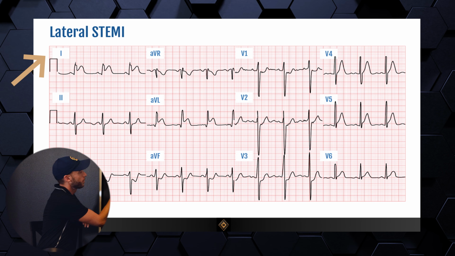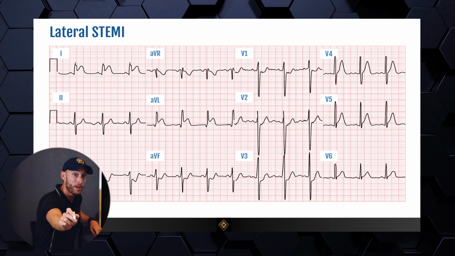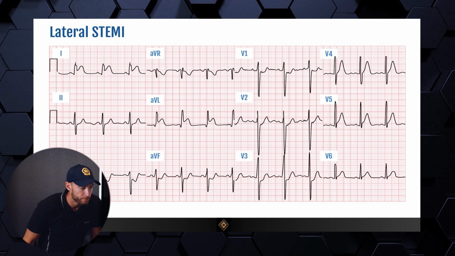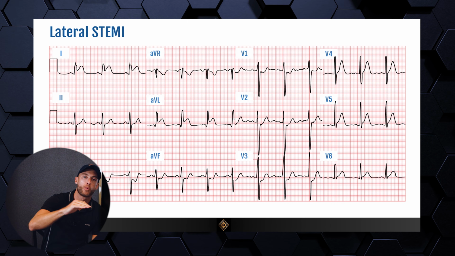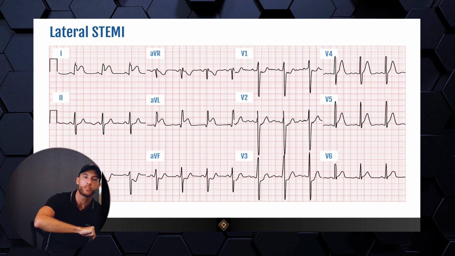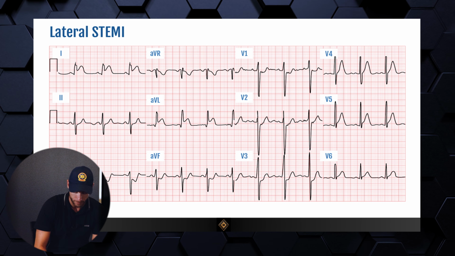Lead 1. Remember, where is the isoelectric line? Before the P wave. Why do I keep saying that to you? Can I show you why? When we look after the P wave, we're getting into the PR interval, and sometimes, in some conditions, there can be PR depression, like in pericarditis, for example, okay?